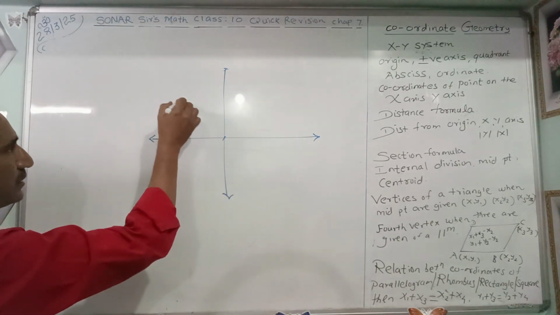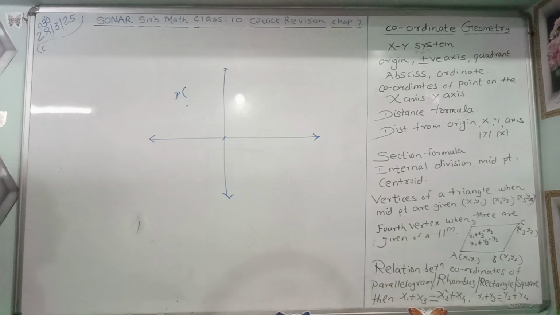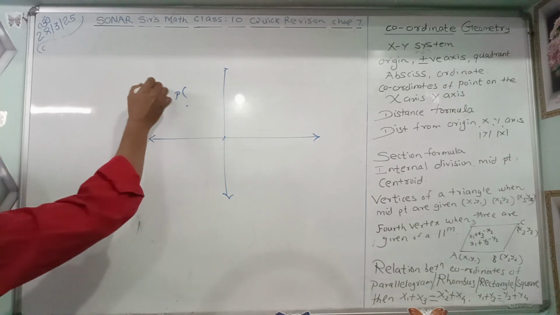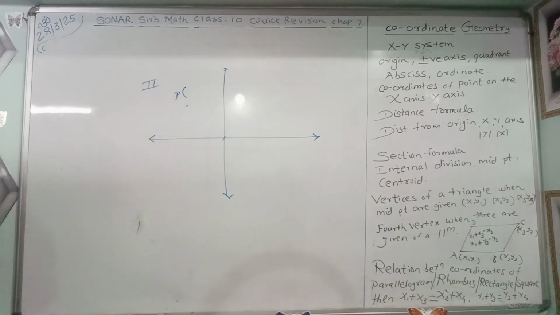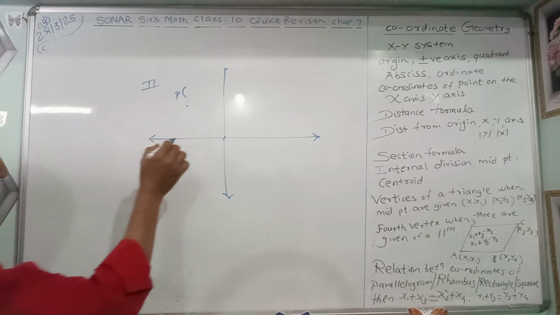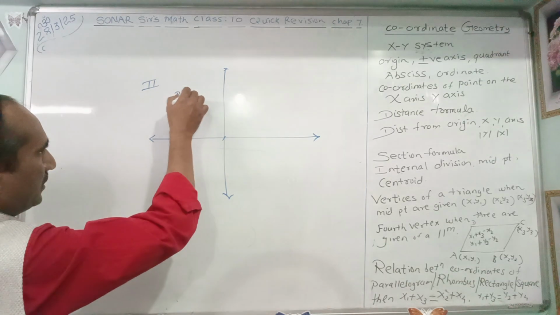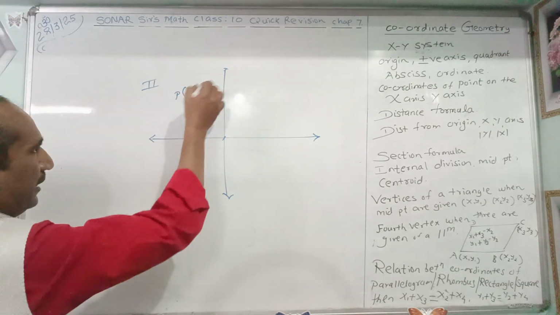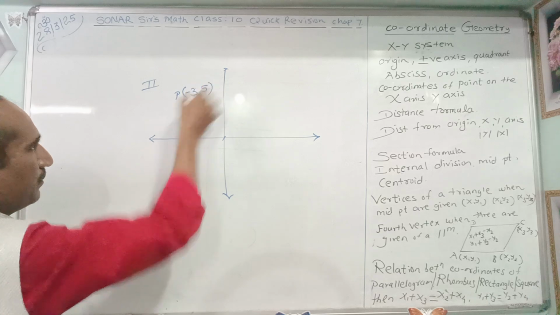Here P is a point in the second quadrant, and as it is in the second quadrant, the x coordinate must be minus while the y coordinate must be plus.